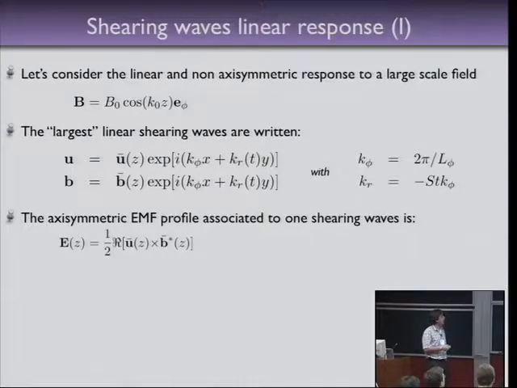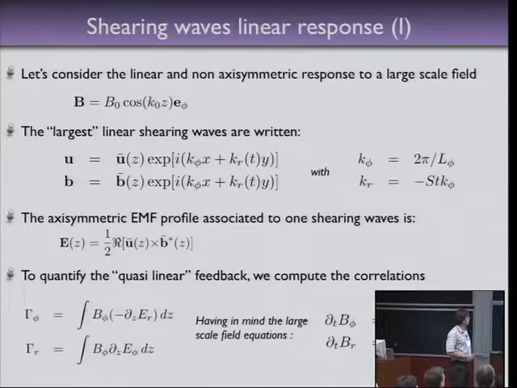And then I want to deduce from these waves the axisymmetric EMF. So I just couple U and B from one wave, and I get an EMF profile which is axisymmetric. So I want to know how this EMF created by my linear shearing waves gets correlated to the field I have imposed in the beginning. So I want to compute this correlation coefficient.